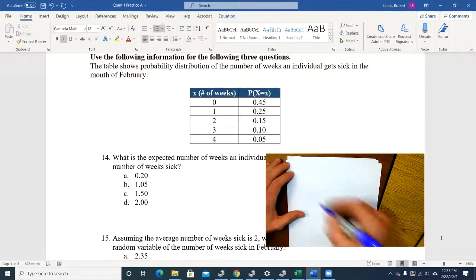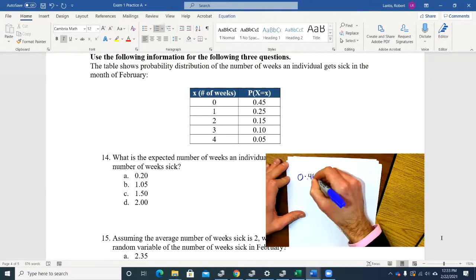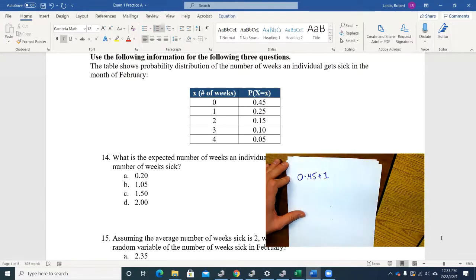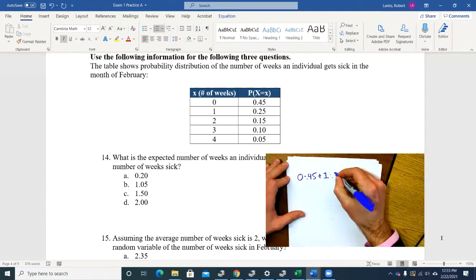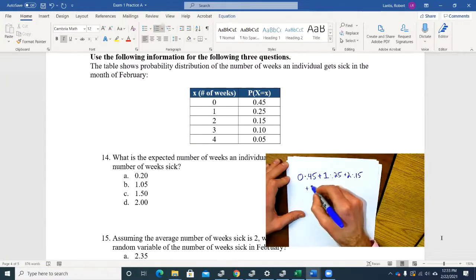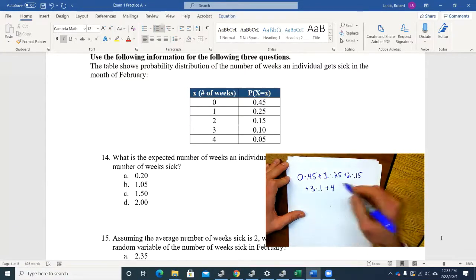The very first outcome is 0. Multiply that by the probability I see a 0. Add to that the next possible outcome, value of 1, times the probability I see 1 occur, plus 2 times the probability 2 occurs, plus the next outcome of 3 times the probability 3 occurs, plus the next outcome of 4 times the probability that 4 occurs.